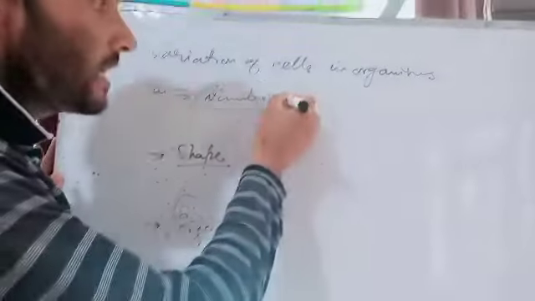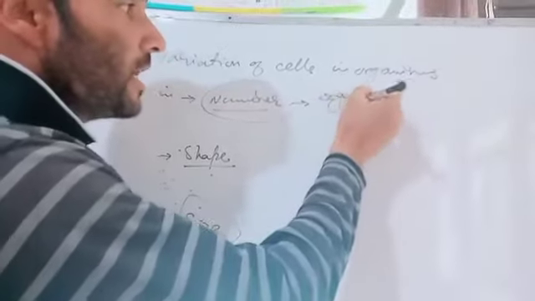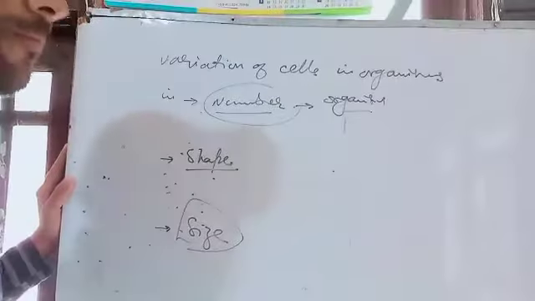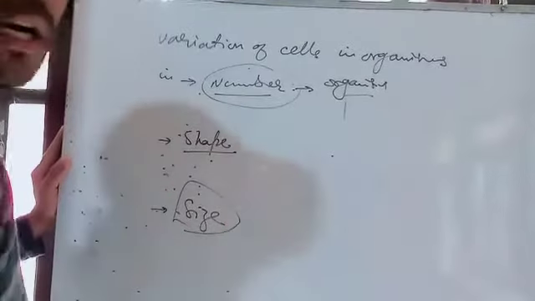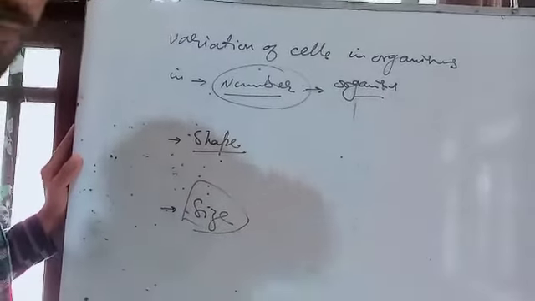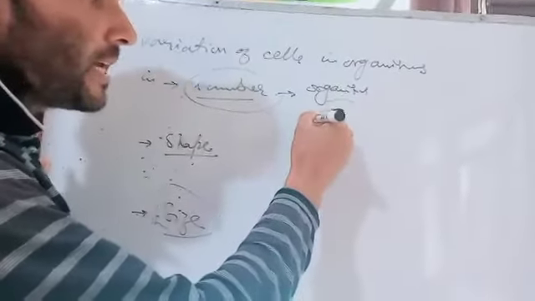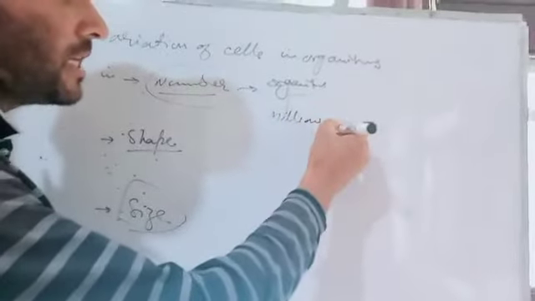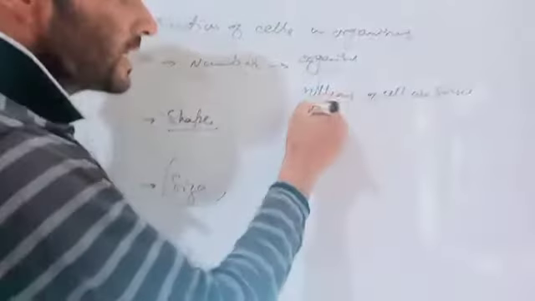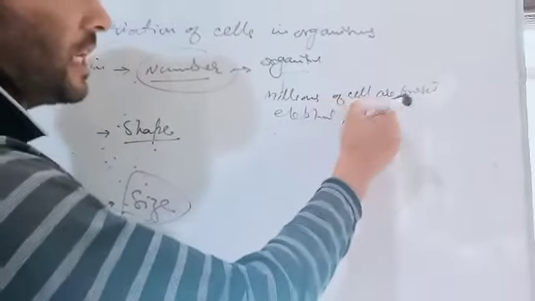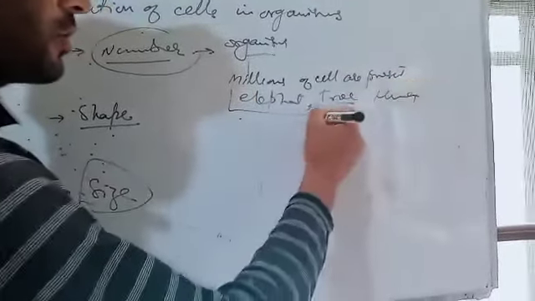If we talk about the number, there are millions of organisms on the earth, and all organisms except a few viruses are formed of cells. In some organisms, millions and billions of cells are present, like elephant, tree, humans, dog.